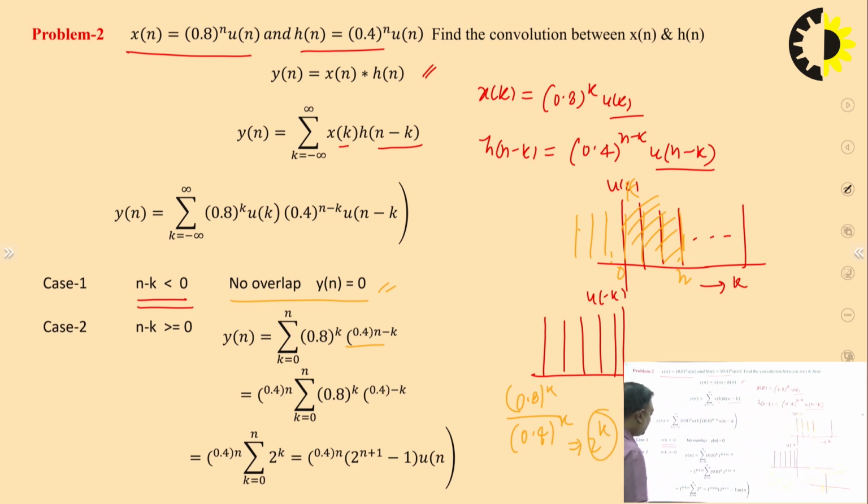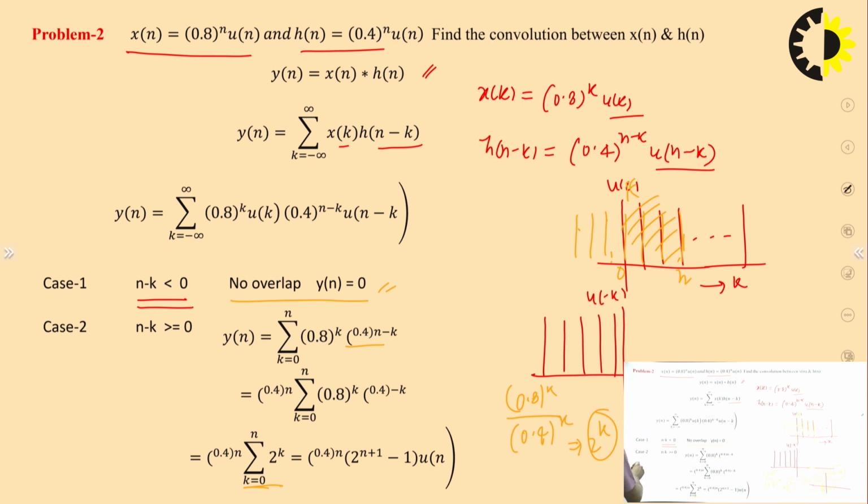Okay, so we are getting 2 to the power k, and the final result, if you sum this 2 to the power k, is a GP series, a sum of n terms series. But here we are starting from 0, so the total terms are n plus 1.